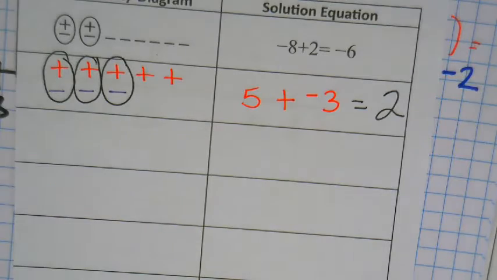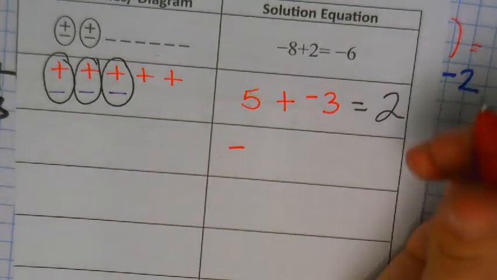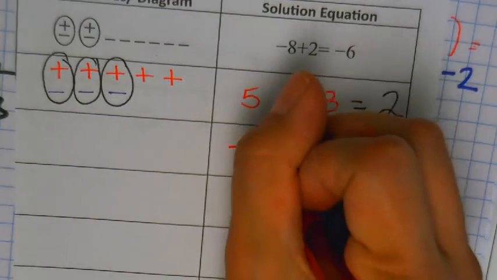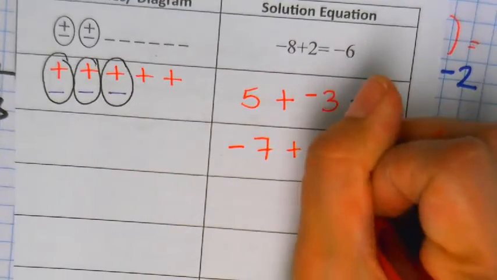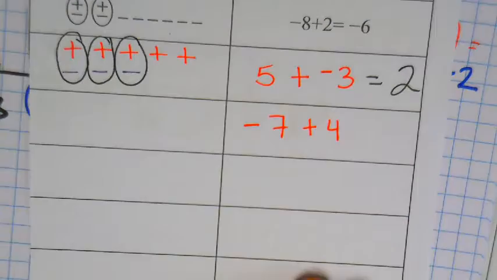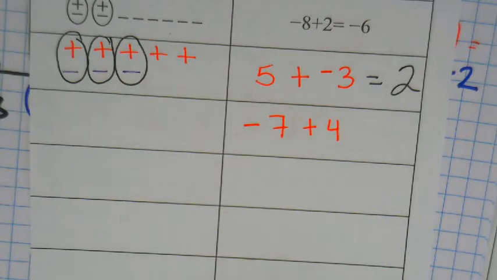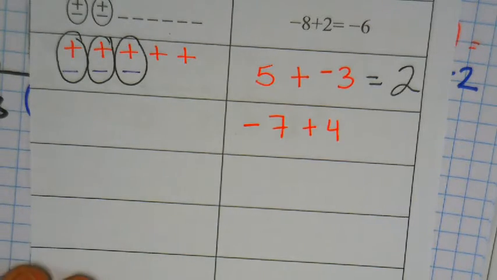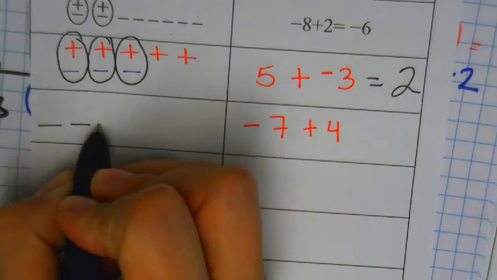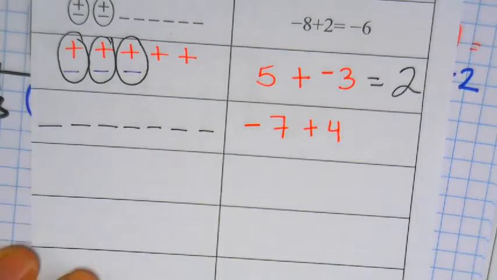Okay, let's do -7 plus 4. So what am I going to draw? -7. 1, 2, 3, 4, 5, 6, 7.